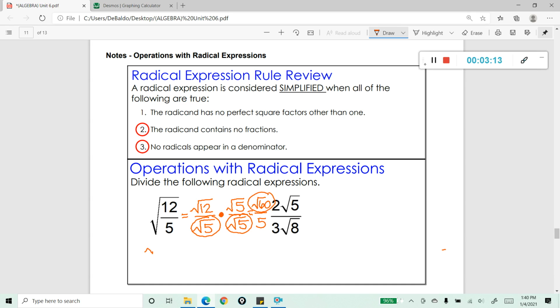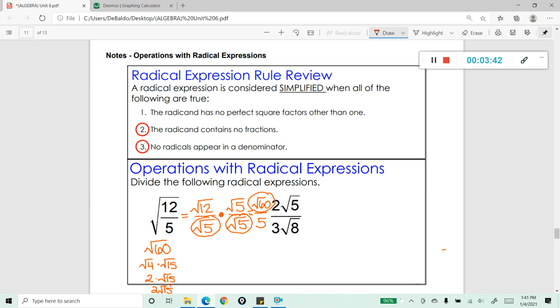So I'm going to pull it over here to the side, and I'm going to use my simplifying skills to break this number down. I can use my Desmos calculator to help me find those 2 factors. But it looks like my factors are going to be 4 and 15. So I'm just going to do a little bit of simplifying off here to the side. And I'm going to simplify that down to 2 times root 15. You see that? So really, this just simplifies down to 2 root 15.